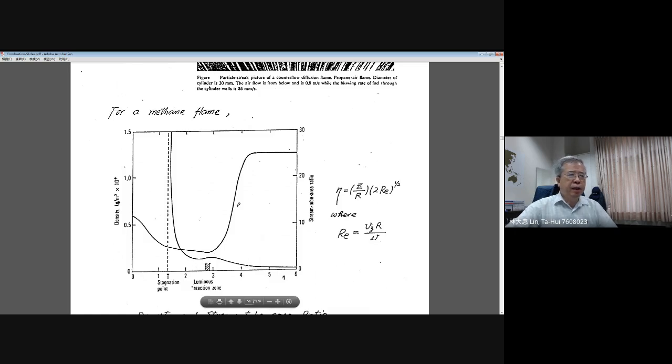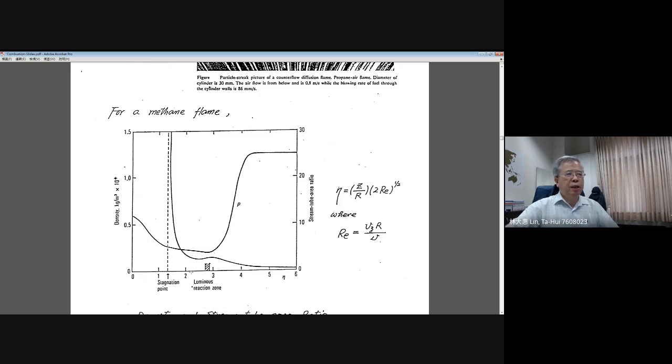Then you can see the strain tube area start to increase to a certain value, and then it stays at the position of the diffusion flame. Actually, the strain tube does not change too much there, but later on, it will increase tremendously as it approaches the stagnation point.